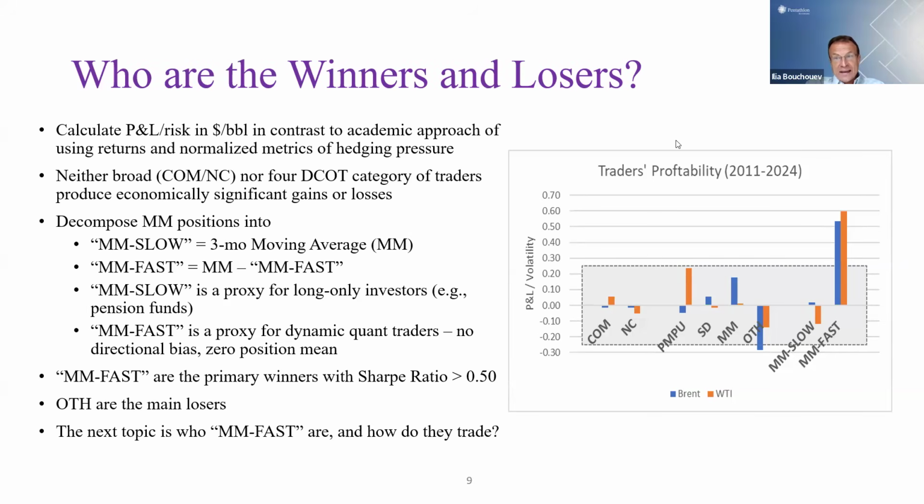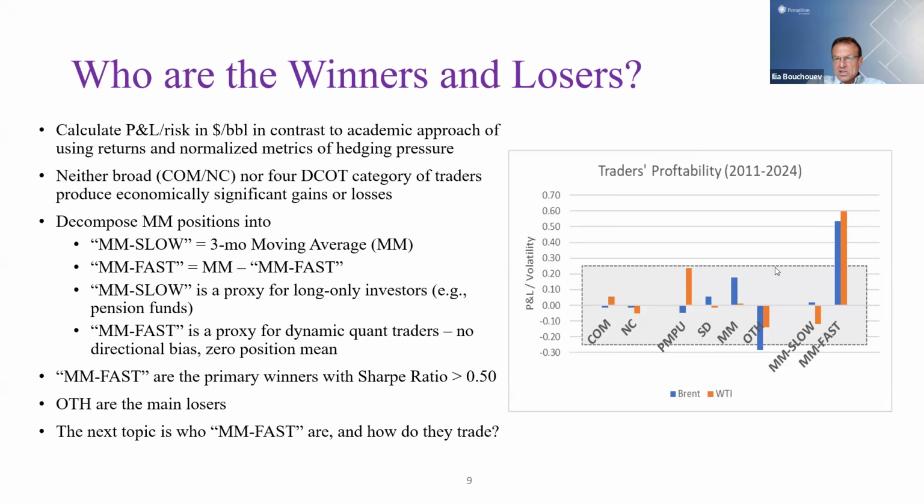Because we have both prices and historical raw positioning data, we can actually calculate who made and who lost money historically since the beginning. So it turns out, if you simply look at commercial and non-commercial, this P&L divided by volatility is basically zero. So it's very small.